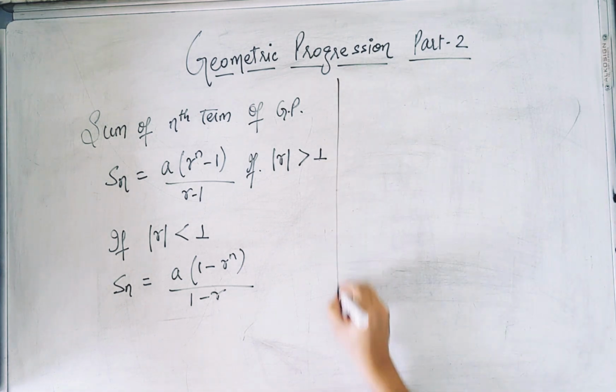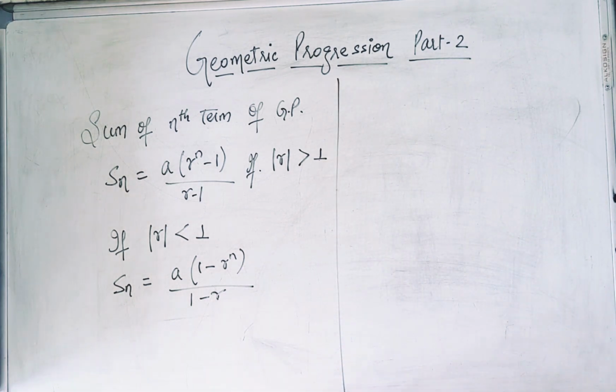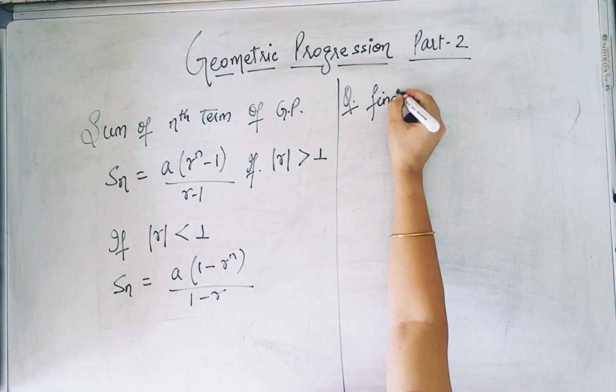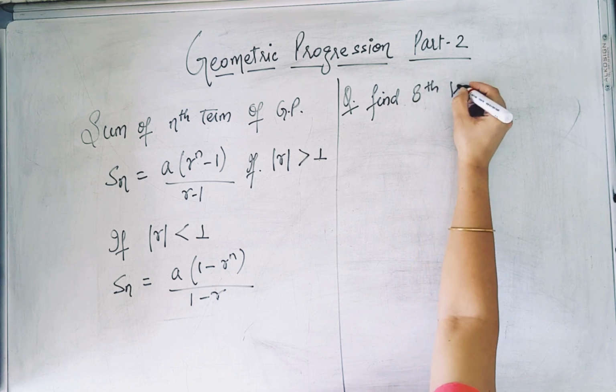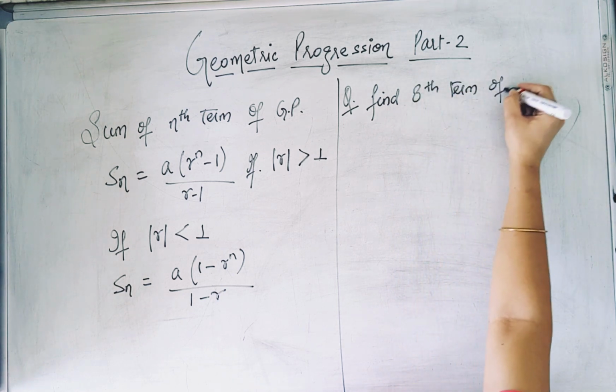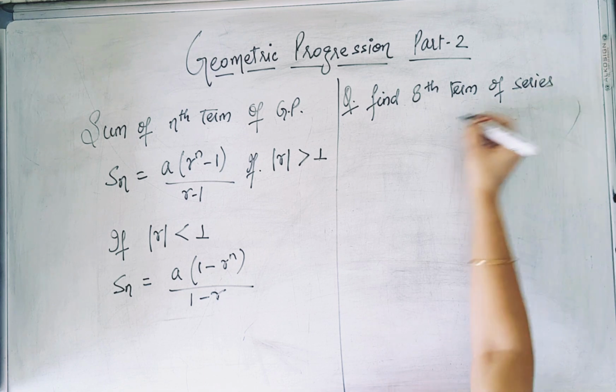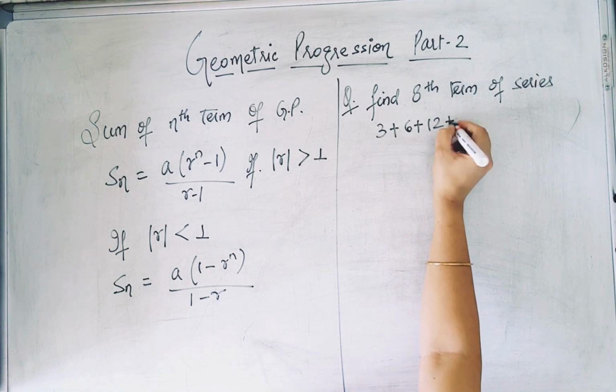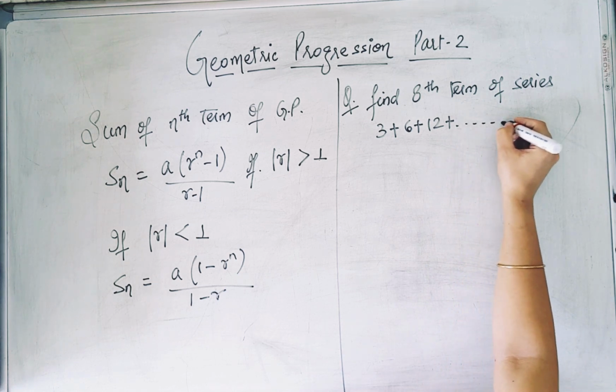Now we will see one question related to this concept only. The question is, we have to find the sum of 8 terms of the series. We are provided with the series 3 plus 6 plus and so on.